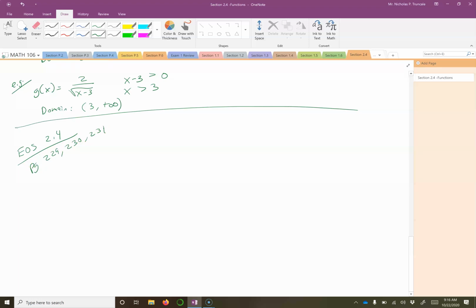We're going to do 29 to 33, 37 to 43, and then 63 to 69. And again, it's just going over the exact same example types, just giving you some homework. And again, these are all odd.